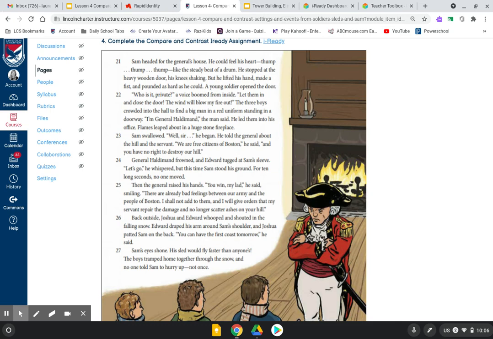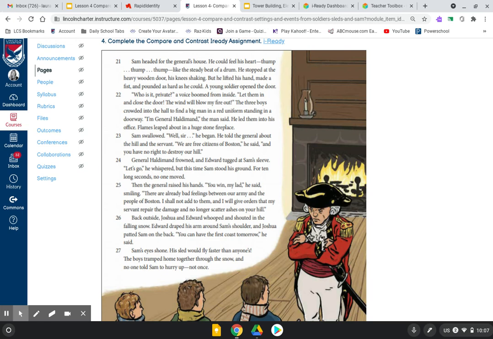For 10 long seconds, no one moved. Then the general raised his hands. "You win, my lad," he said, smiling. "There are already bad feelings between our army and the people of Boston. I shall not add to them, and I will give orders that my servant repair the damage and no longer scatter ashes on your hill."